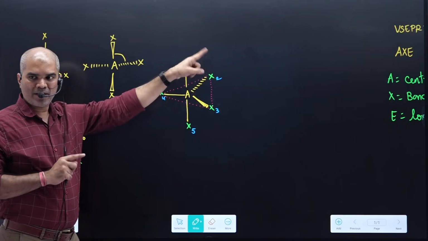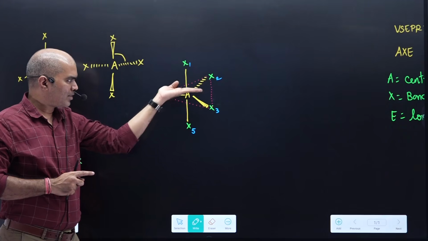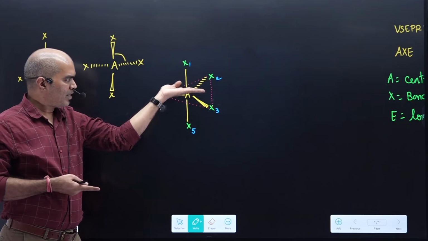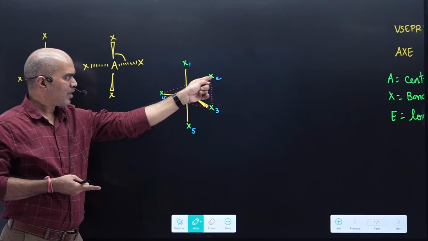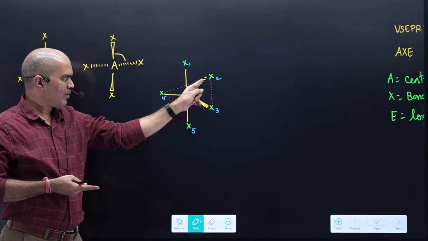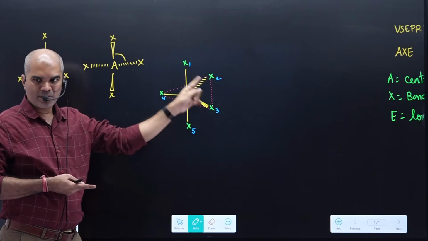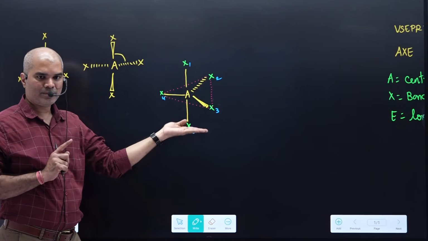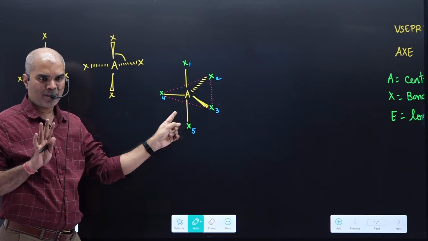Whichever is inside, you have numbered it 1. Go to the next immediate plane. Within the next immediate plane, numbering should be in a clockwise manner only. So if you start 2 here, then 3, 4, but it should be clockwise direction only. This plane is completed. Come to the last plane, 5. So this will always be 1 and 5 for trigonal bipyramidal geometry.